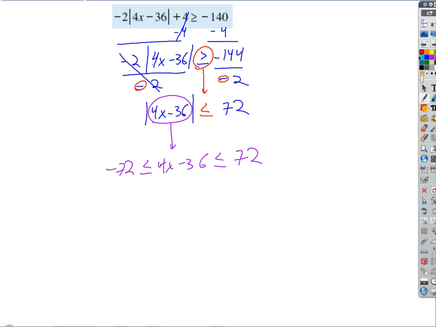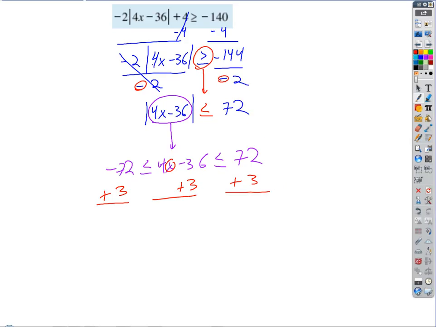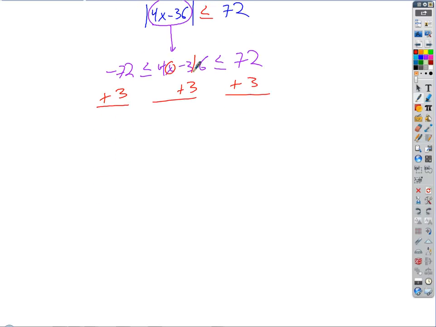So to get x by itself, I'm just going to first add 3 to all parts, which gives me 4x in the middle, negative 69 on the left, and positive 75 on the right.